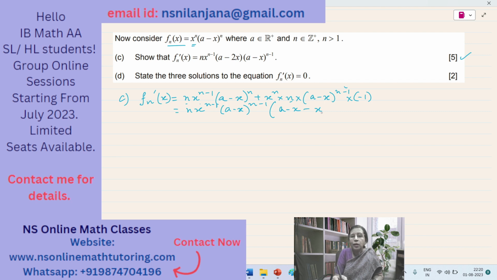So I'm having only (a minus x) from the second part. So this is equal to n times x to the power of n minus 1 times (a minus x) whole raised to the power of n minus 1 times (a minus 2x).